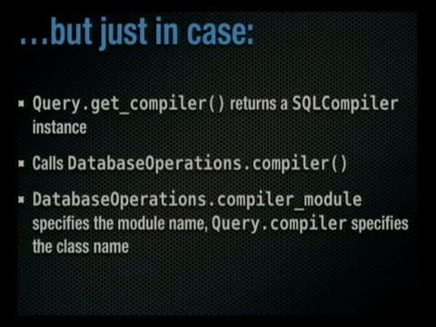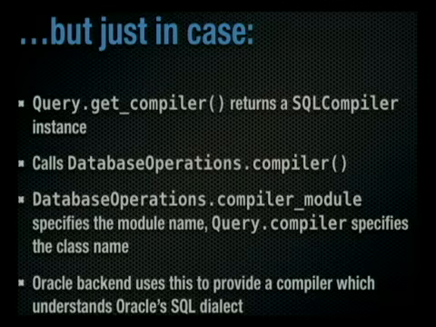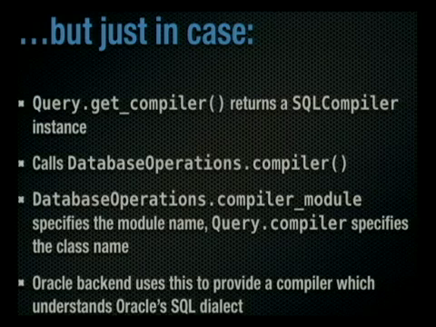So between those two, you put together the compiler module that you get out of the database operations class and the module name that you get out of the query class. That gives you a full path to a SQL compiler, and getCompiler will actually return you an instance of it. This is what the Oracle backend does. As far as I know, it's the only backend in all of Django that does this, and this may be the reason why this machinery exists, but that's because Oracle has to plug in their own compiler.